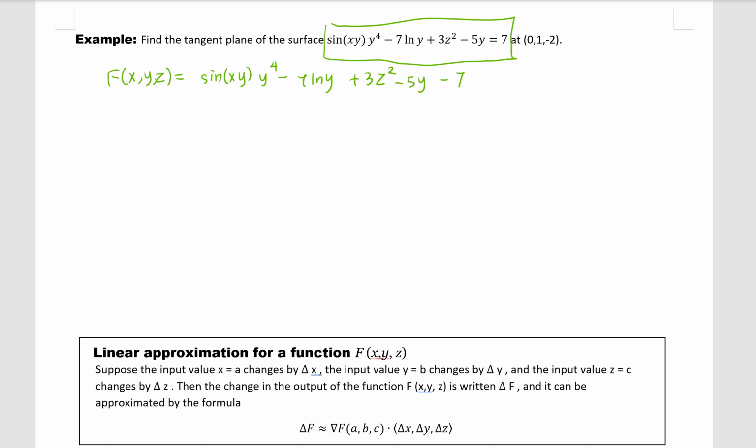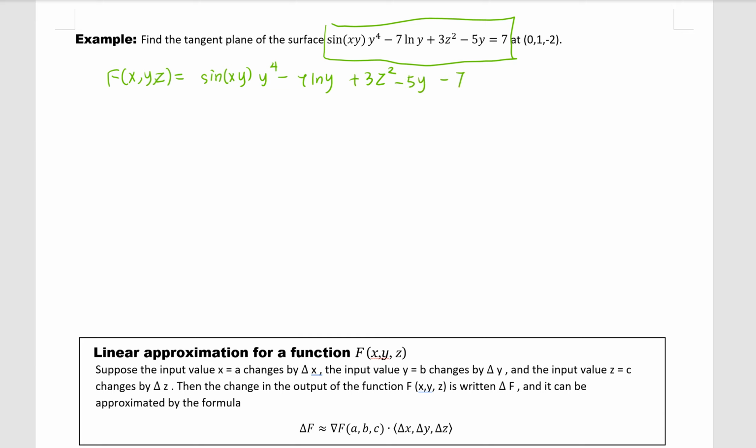How about fy? We take the derivative with respect to y. We need the product rule because this factor has y, and this factor has y. Product rule: sine of xy prime times y to the 4, plus sine of xy times the derivative of y to the 4, which is 4y cubed. And then 7 ln y, the derivative is 7 over y. 3z squared is gone.